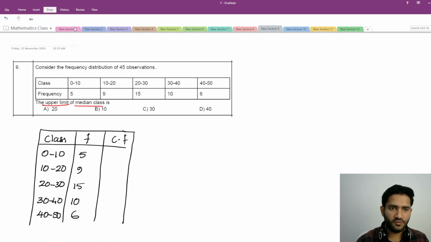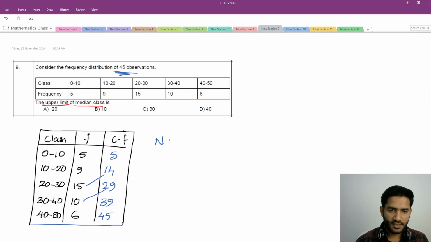Now we want to find cumulative frequencies. 5 plus 9, 14, 14 plus 15, 29, 29 plus 10, 39, 39 plus 6 should be 45, because the total value is 45, it is given, 45 observations.